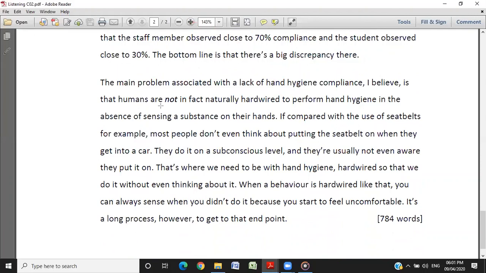To be hardwired means it is so strongly embedded in your subconscious mind. And then she said that they do it on a subconscious level. And the same thing needs to happen about hand hygiene also, she said. So it has to become an automatic action. A is the correct answer.